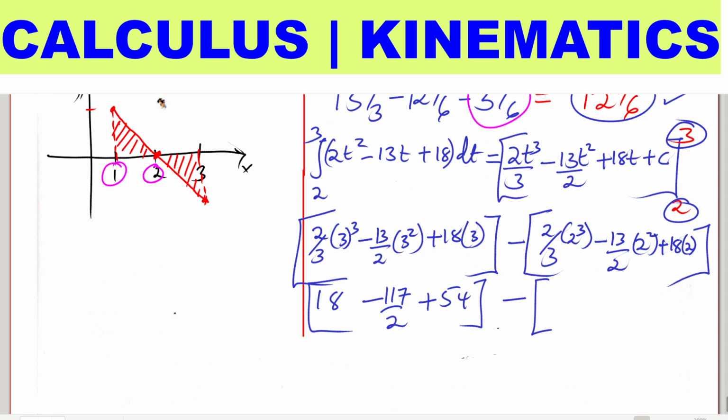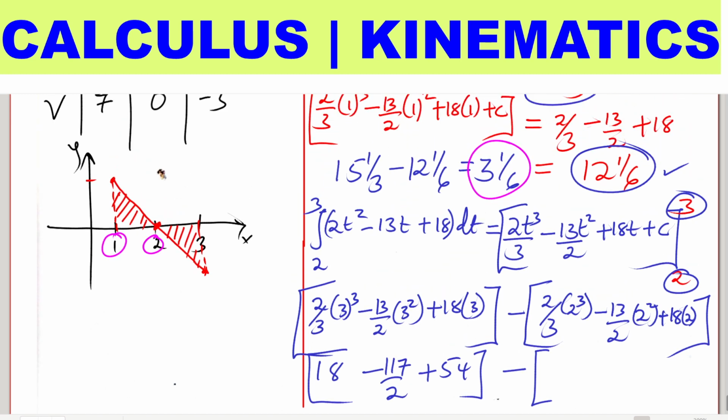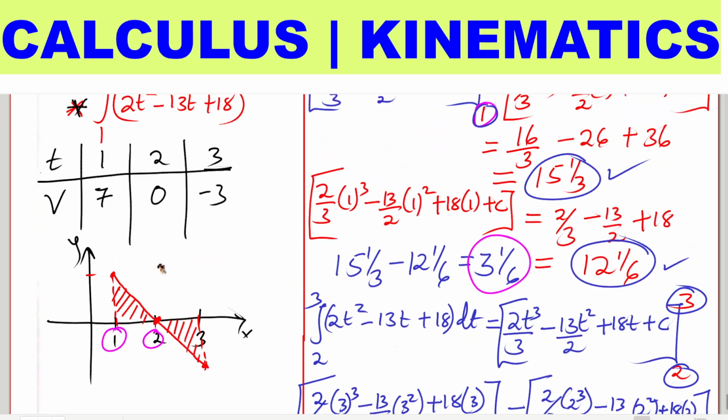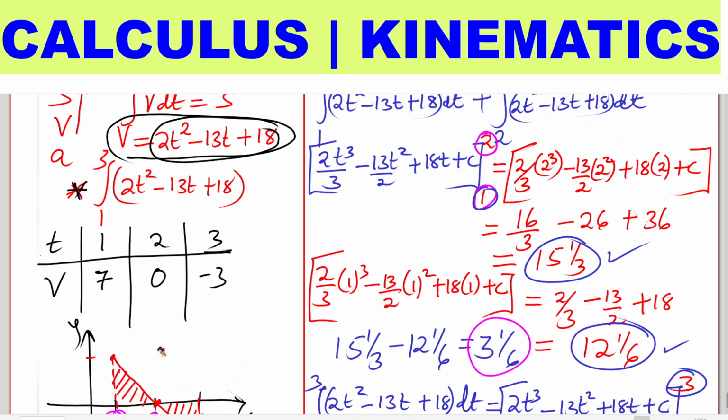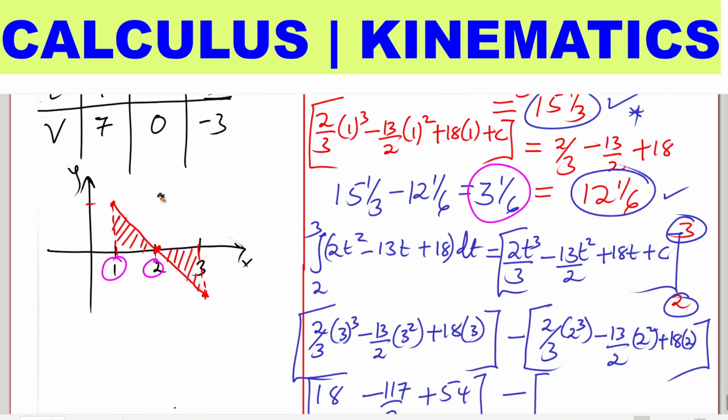Now, there's something that you notice. We already did the substitution for 2. It is here. It is the same thing that you have here, and we got that as 15 and a third. So there's no need of wasting more time.